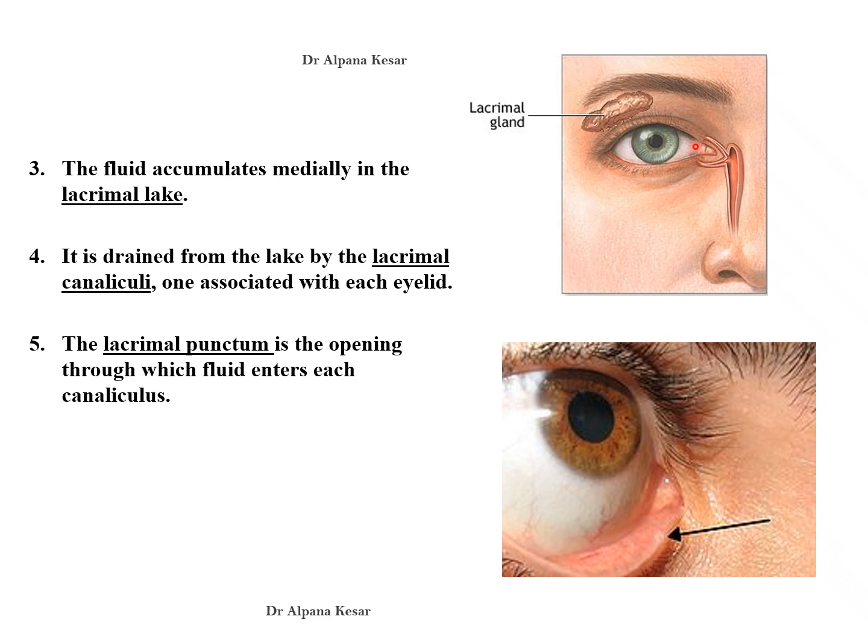This lacrimal fluid will then pass through the lacrimal puncta into the lacrimal canaliculi. Lacrimal puncta are small openings present on upper and lower eyelids. These are the openings of lacrimal canaliculi, and the lacrimal fluid from the lacrimal lake will pass through the lacrimal puncta into the lacrimal canaliculi.